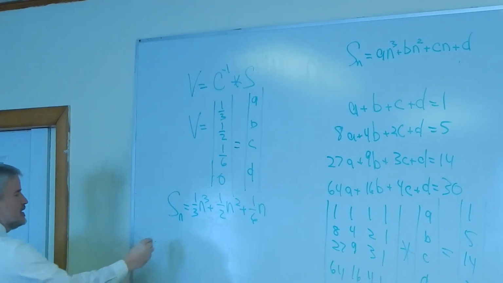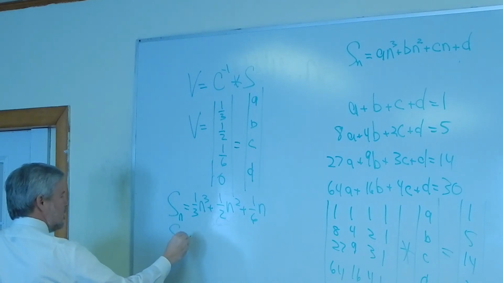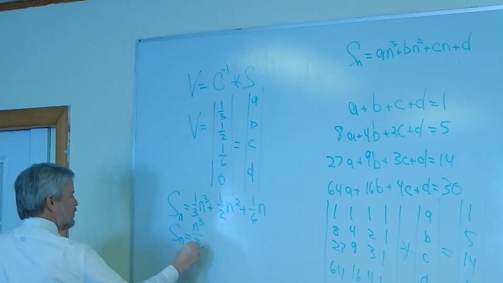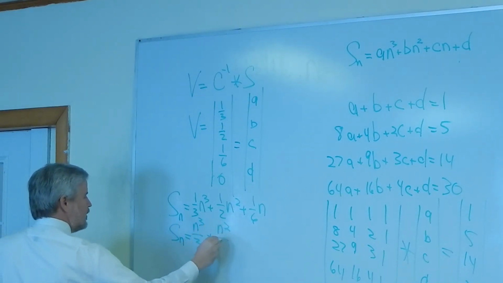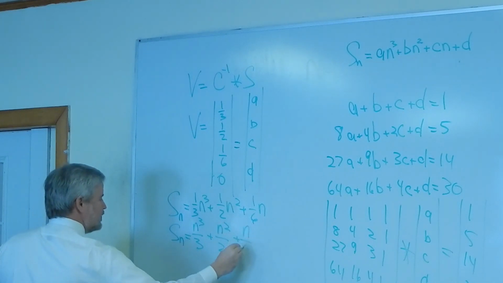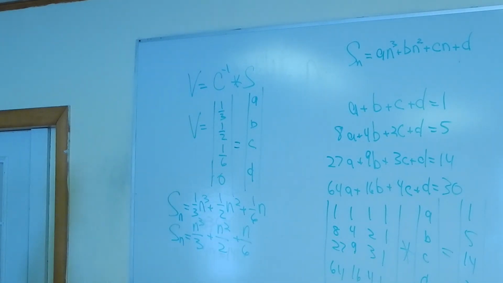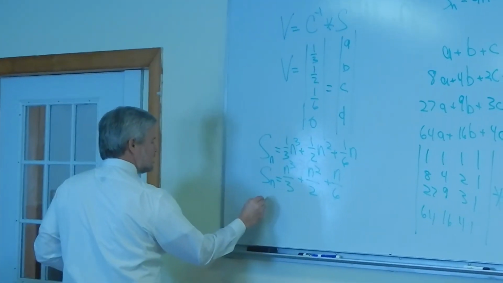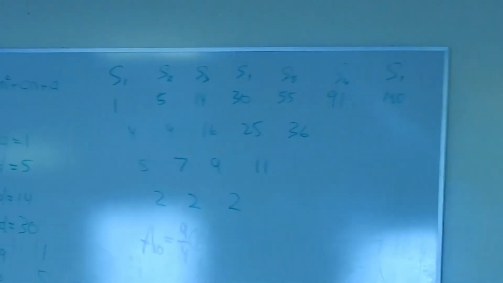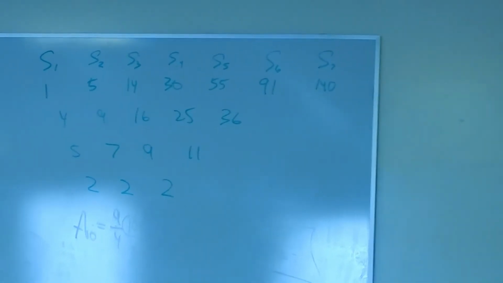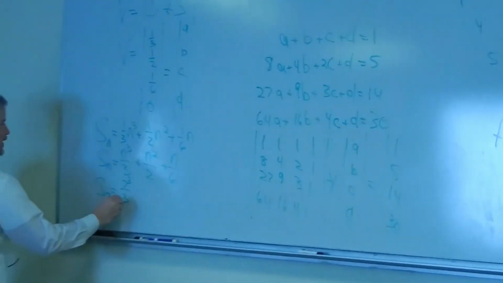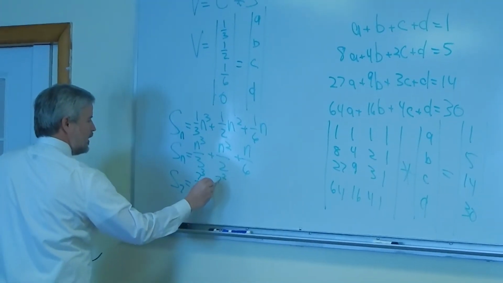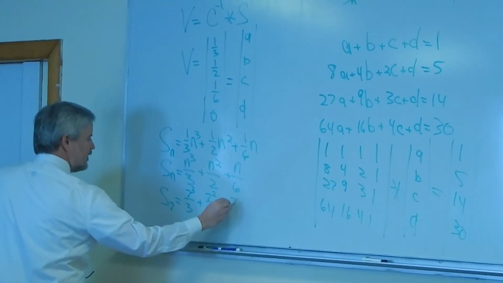This is typically stated as n cubed over 3 plus n squared over 2 plus n over 6. Now what we want to do very quickly is confirm it with, say, n equals 7. S7 is going to be equal to 7 cubed over 3 plus 7 squared over 2 plus 7 over 6.